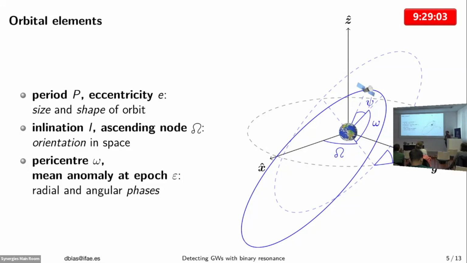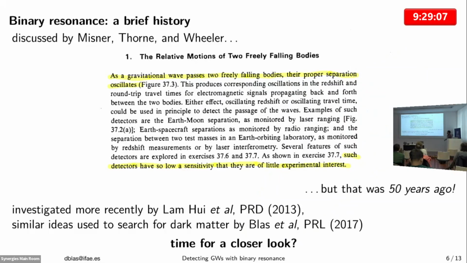Is it clear? Yeah. As I said, this is not a new idea. The idea that a binary resonance happens when gravity waves go through a binary system. This is Misner, Wheeler, Thorne. It's an exercise, and they say when a gravitational wave passes, the proper separation oscillates.